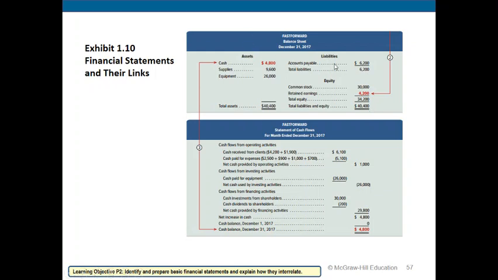Now note, it's common to, and you can do this a couple of different ways, this balance sheet. You can have assets on top and then right below it liabilities and owner's equity, or you can have it side to side.